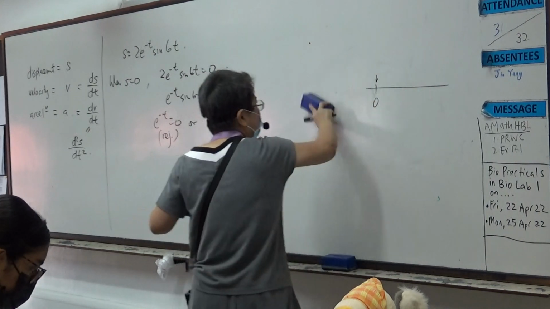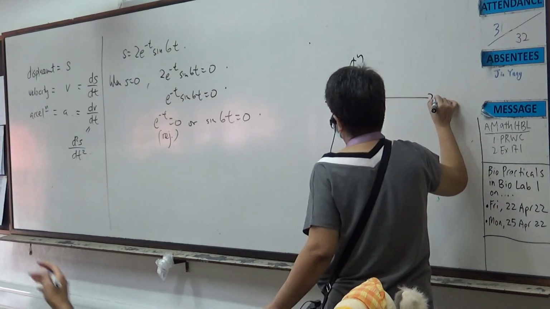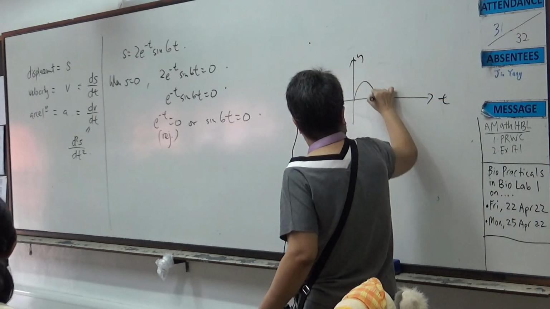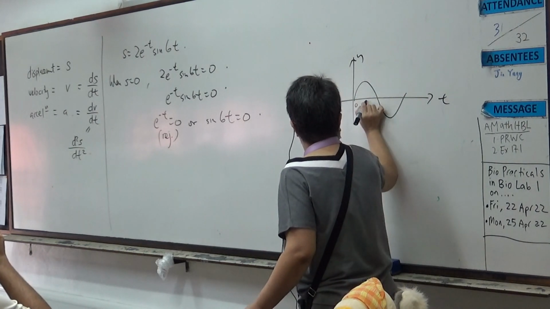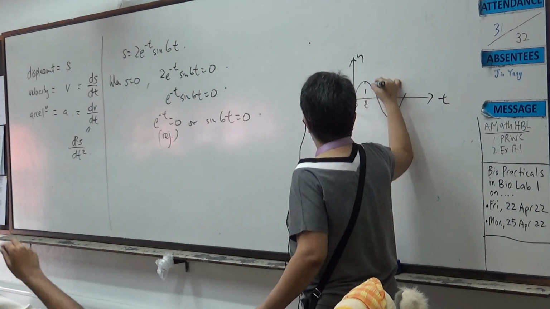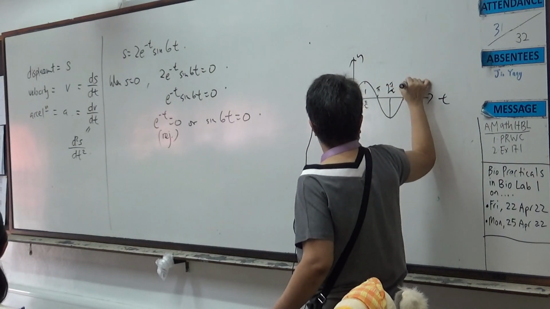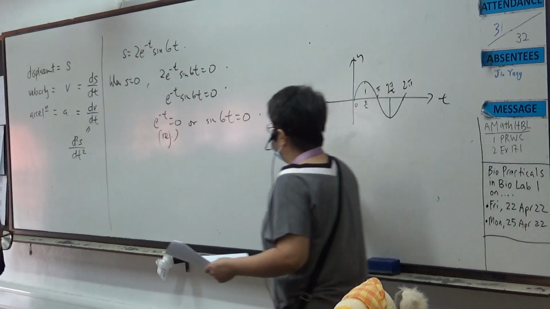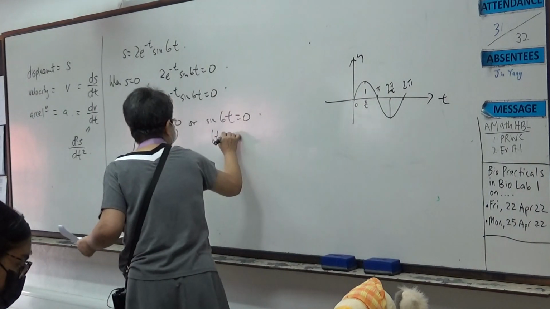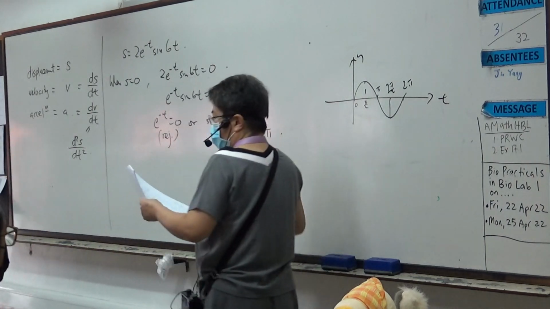Okay? Now, I want you to know the sine curve. The sine curve is like that, right? So this is 0, pi over 2, then this is pi, 3 pi over 2, then 2 pi, right? When is it 0? When 6t is 0, pi, and 2 pi, right?